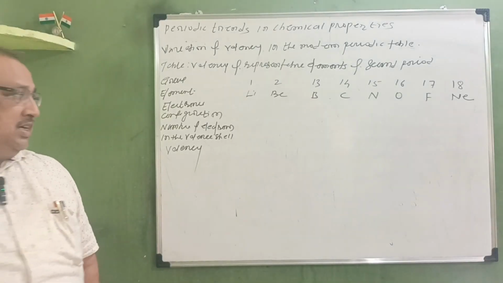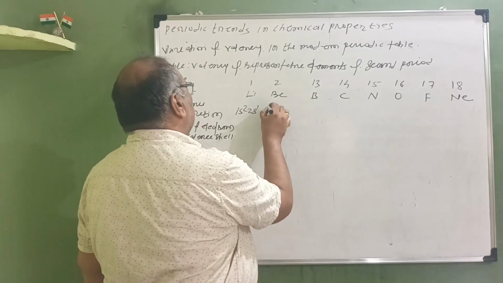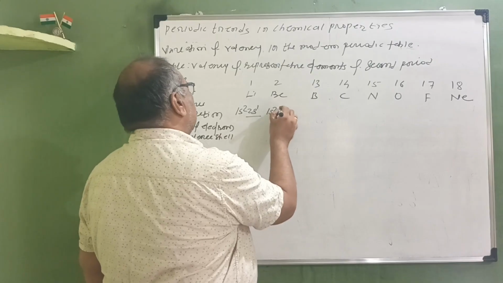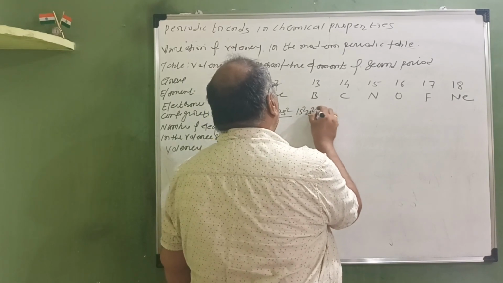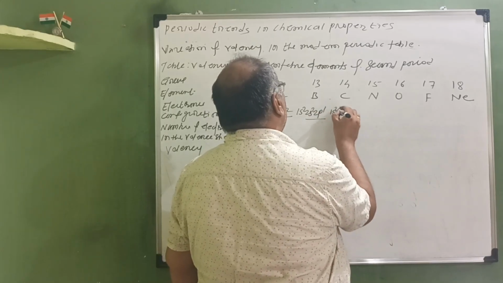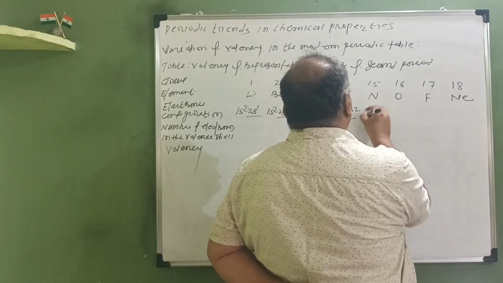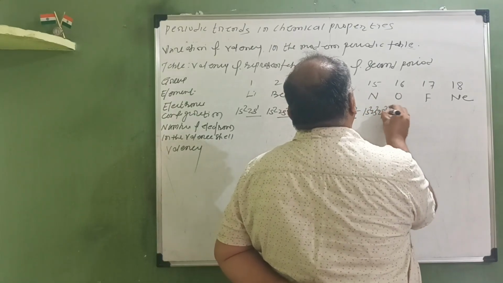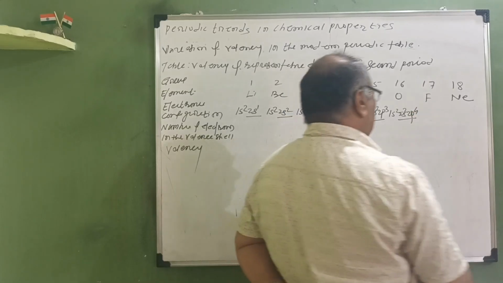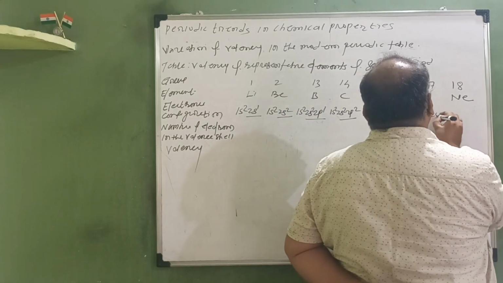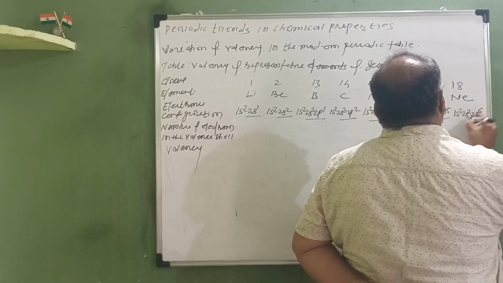Then here write down EC: 1s2 2s1, underline this; 1s2 2s2; 1s2 2s2 2p1; 1s2 2s2 2p2; 1s2 2s2 2p3; 1s2 2s2 2p4; 1s2 2s2 2p5; and 1s2 2s2 2p6.